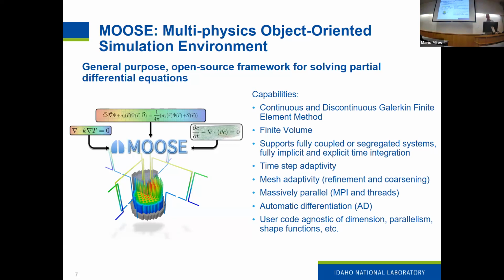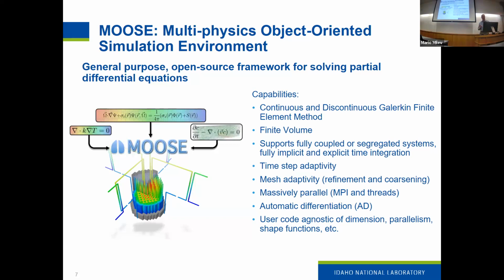It's predominantly a finite element based framework or code. We do have some capabilities to do finite volume, but it's primarily finite element. And so MOOSE, the framework itself, has implemented many of the things that are needed to run large, computationally expensive, complex problems efficiently.